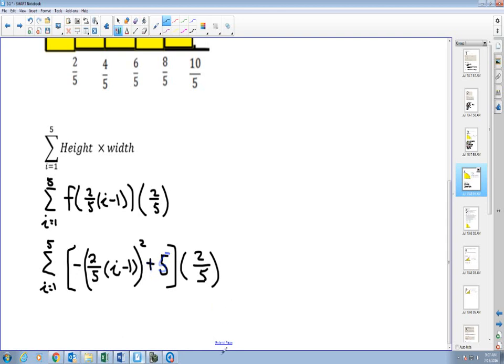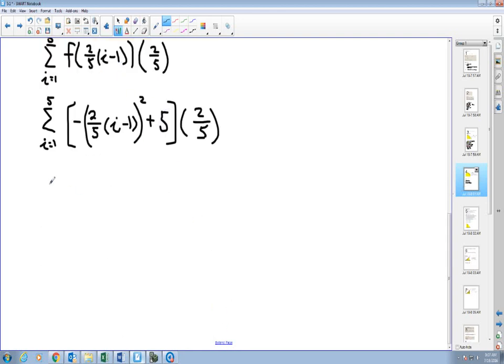This one looks a little bit more complicated. I'm going to pull out this 2 over 5 squared, which is negative 4 over 25 again.